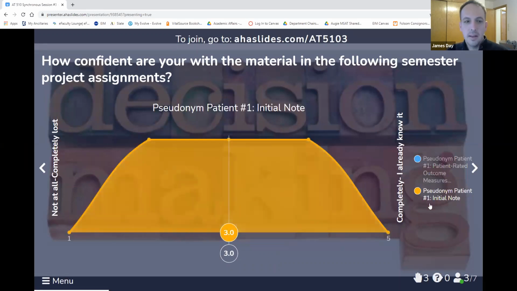That initial note component is something that you have probably done, but not at the level that we were talking about.